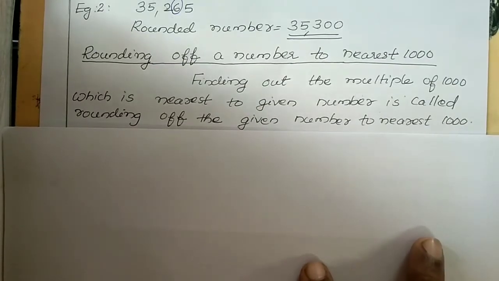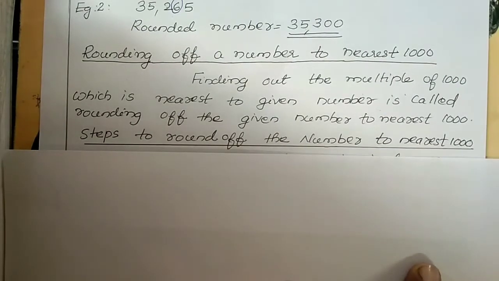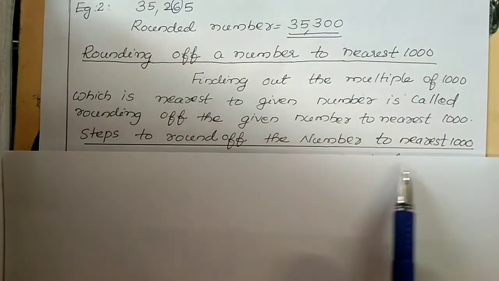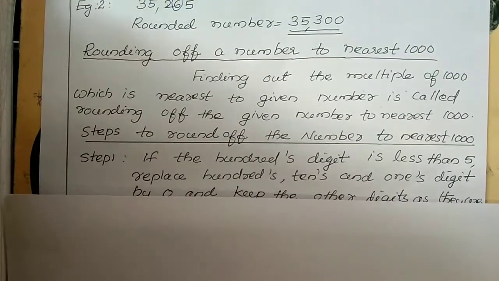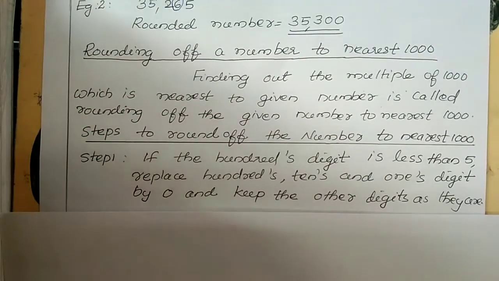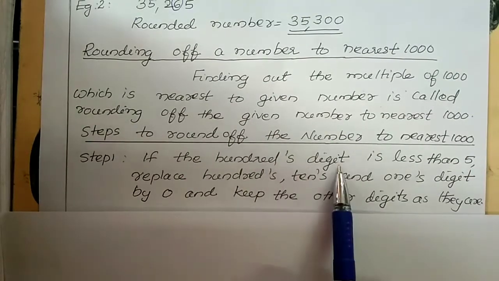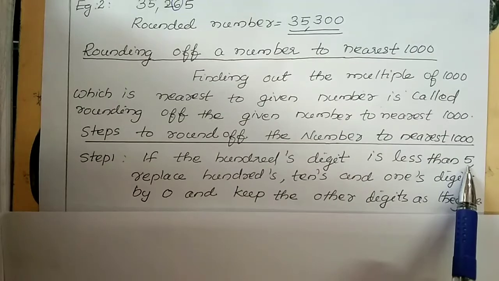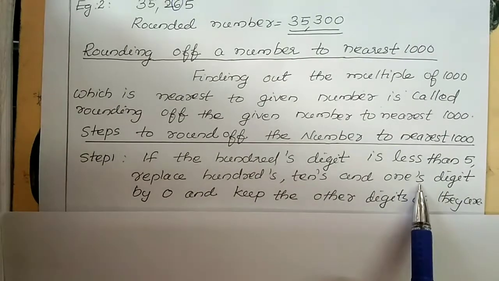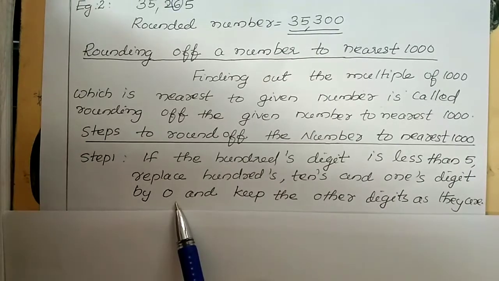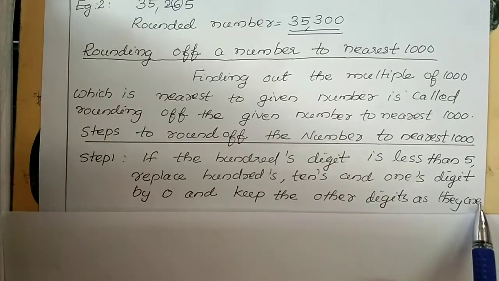Here also some steps to round off the number to nearest 1000. Step 1. If the hundreds digit is less than 5, replace hundreds, tens and ones digits by 0 and keep the other digits as they are.